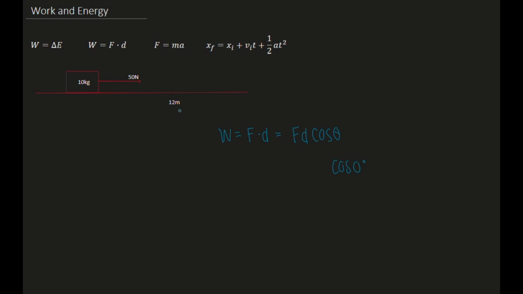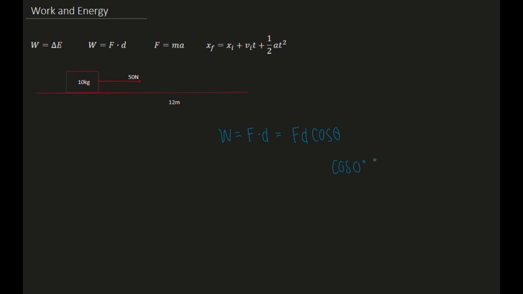That doesn't actually exist, but in this hypothetical case, we assume no friction between the block and the floor. We use a pull force, so we attach a light rope to that block and apply 50 newtons of force. How much work would be done on the block if we're pulling directly parallel to the direction of motion, so that the cosine angle is 0 degrees?